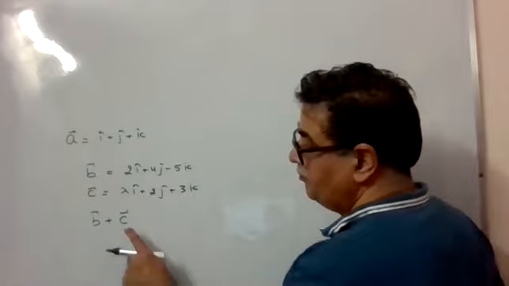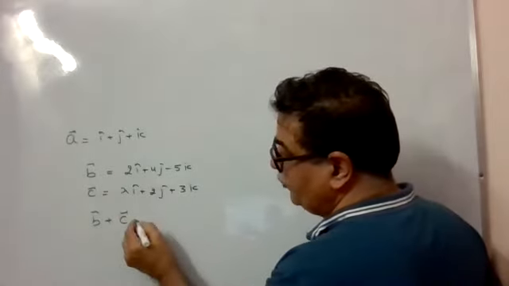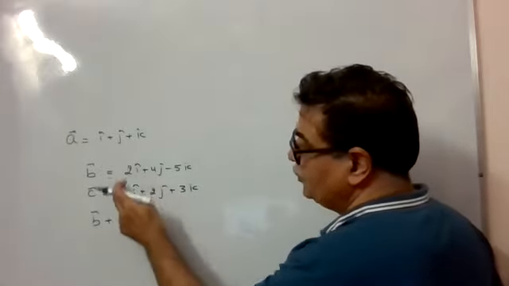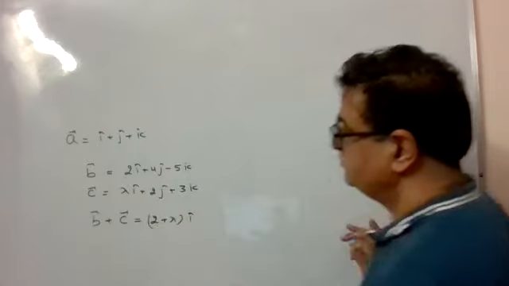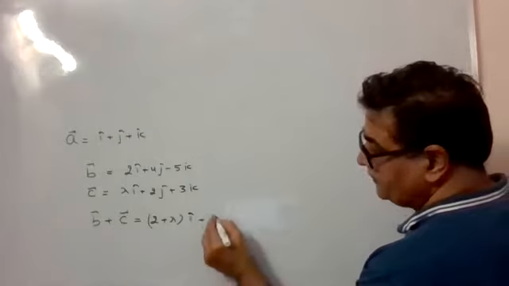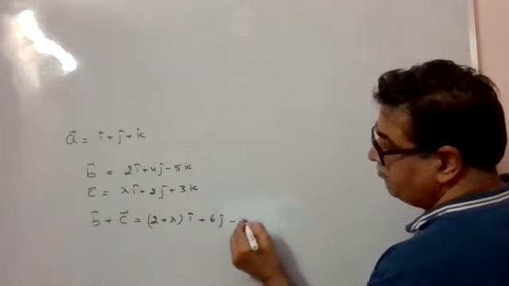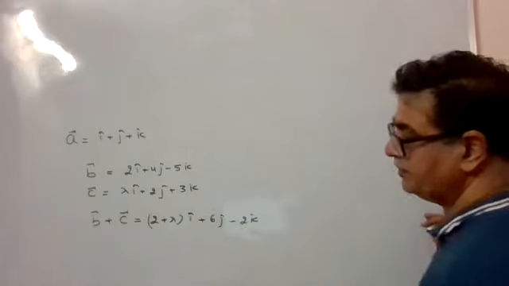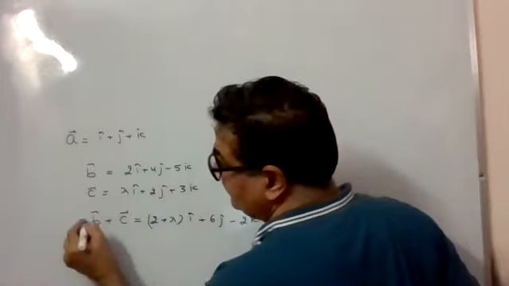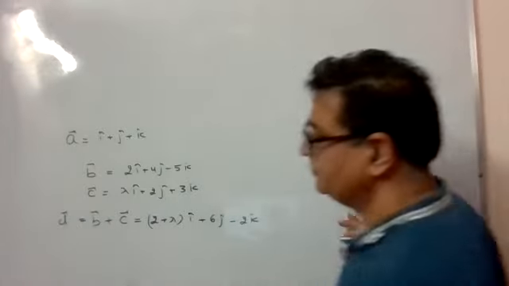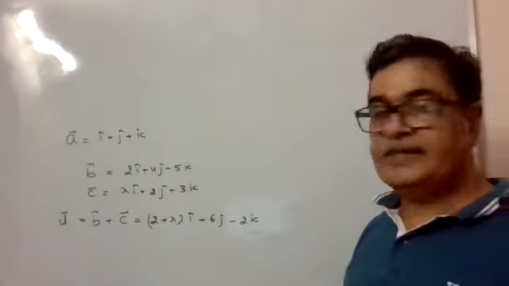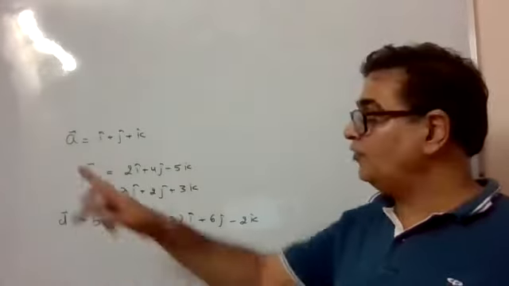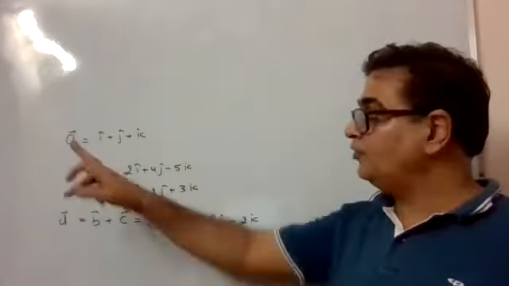B plus C vector, when you calculate, will come out to be (2 plus lambda) i cap plus 6j cap minus 2k cap. This is B plus C vector. Let this vector be taken as D. Then they are saying the dot product of this and the unit vector of this.